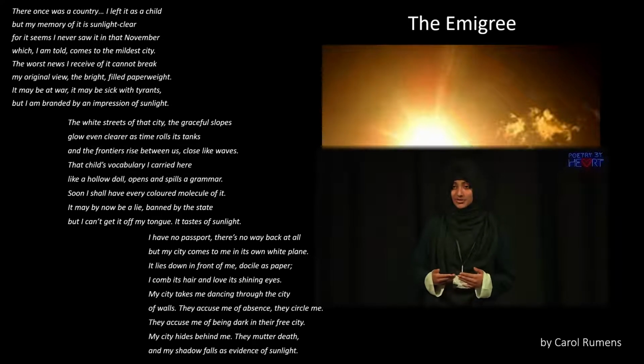It lies down in front of me, docile as paper. I comb its hair and love its shining eyes. My city takes me dancing through the city of walls. They accuse me of absence. They circle me. They accuse me of being dark in their free city. My city hides behind me. They mutter death, and my shadow falls as evidence of sunlight.